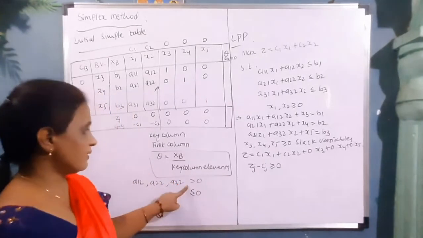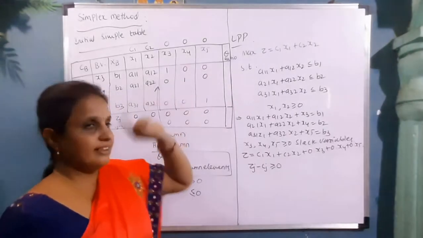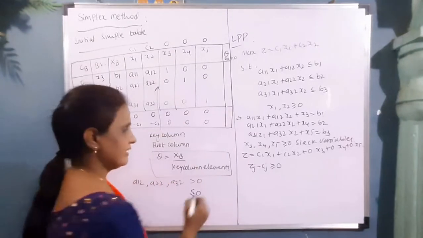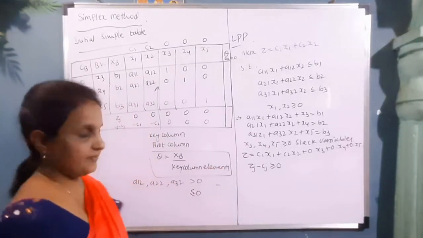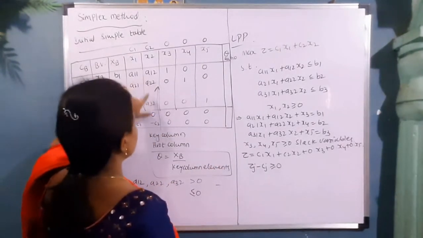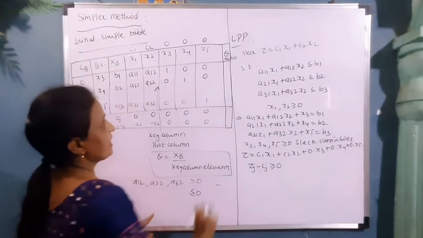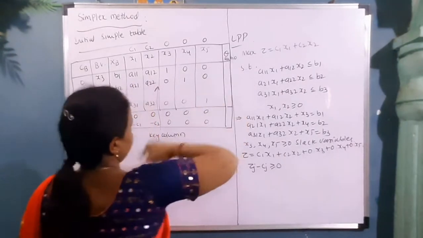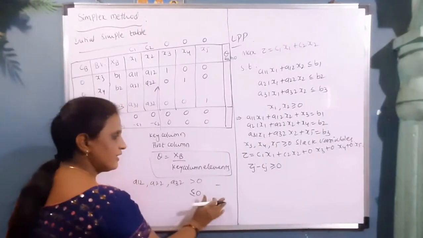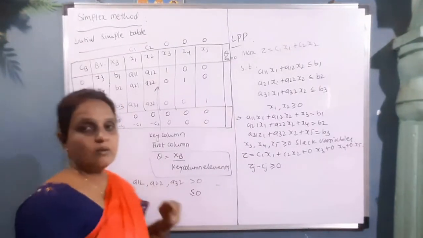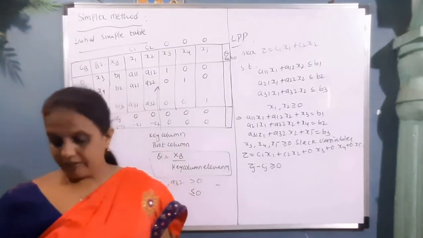So if it is positive, then only we find the ratio, otherwise we leave that and just put a hyphen. So if all three are positive, we find the ratio. If it is negative also, we will not find the ratio. Only for positive values we find it.